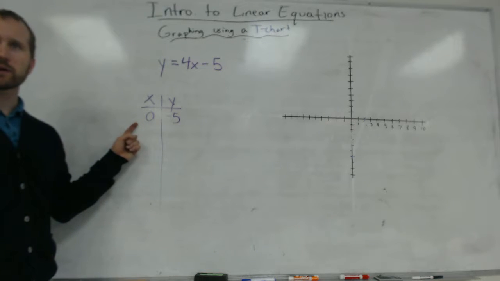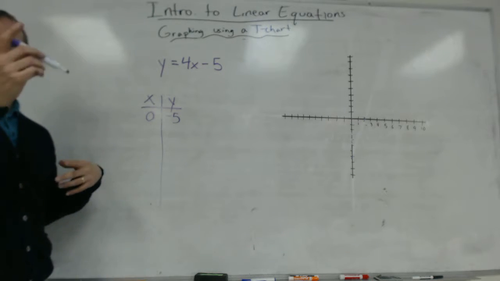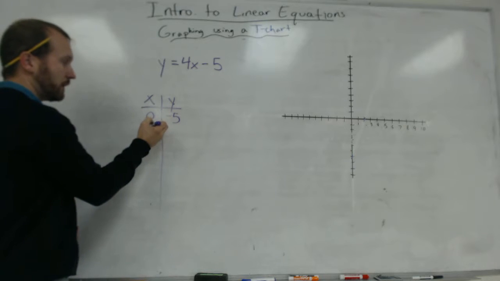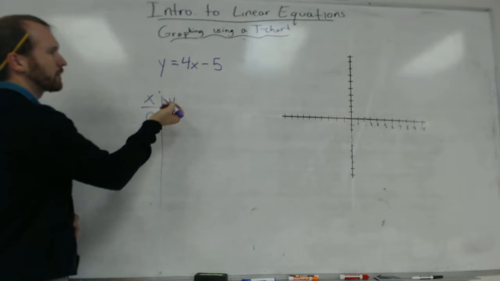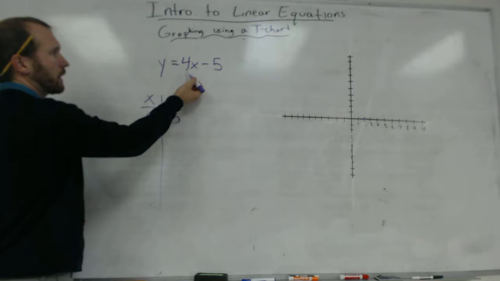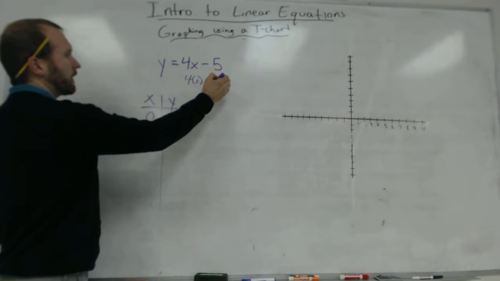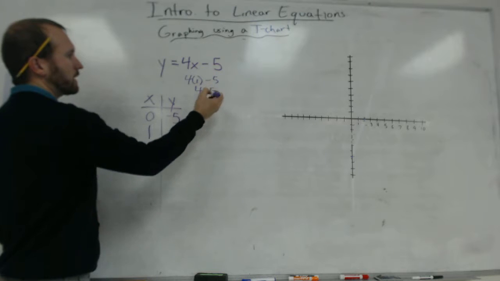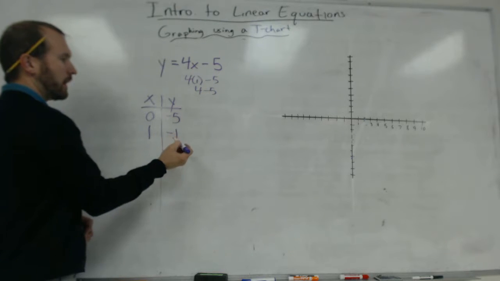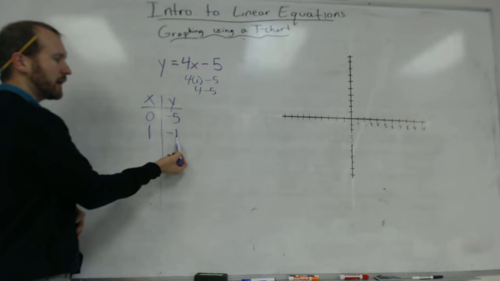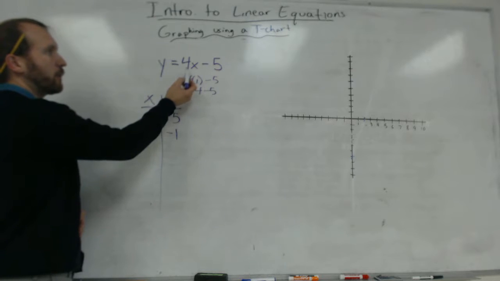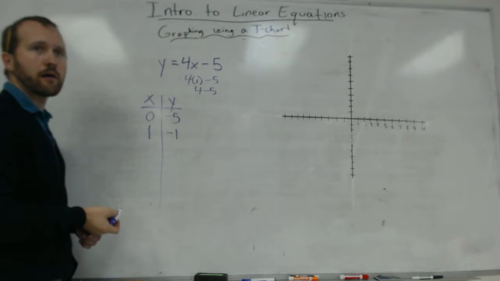Can I make a line from one point? No, you could do 1. If x is 1, what would y be? 4 times 1 minus 5, which is 4 minus 5, which is negative 1. Hey, negative 5 to negative 1, that's 4 apart. So this should be 3.